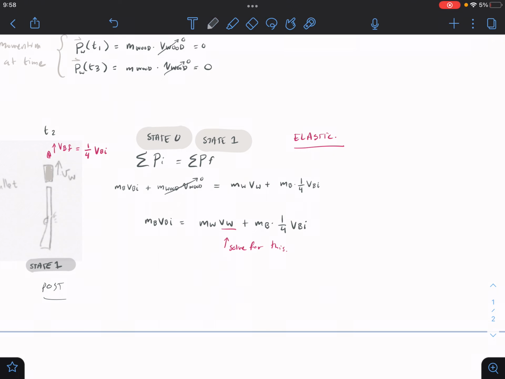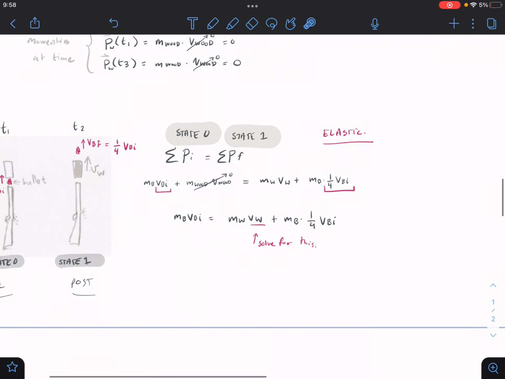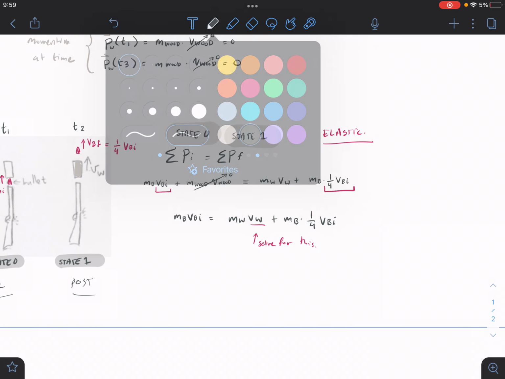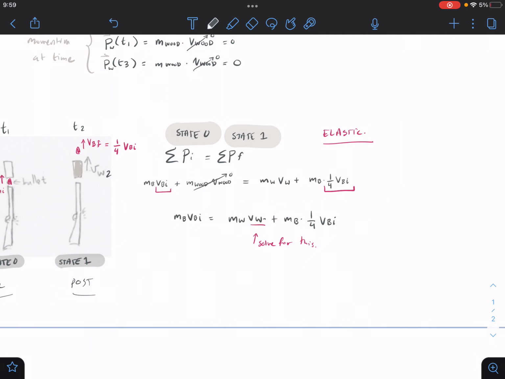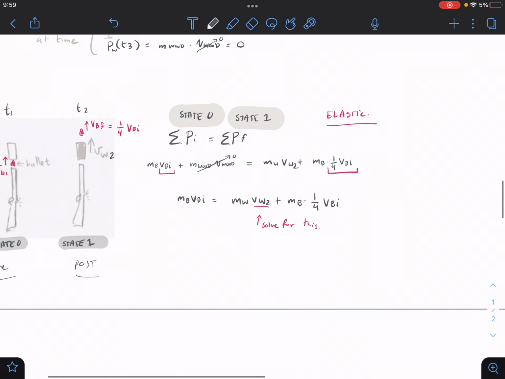And we know one thing, we know that this velocity here is going to be 1/4 of the initial velocity here, because that's what they told us in the problem statement. So that kind of helps us with our algebra. Okay, and then we have the mass of the wood times the velocity of the wood. So actually, I think they use the subscript 2, just because it's kind of like a different condition. And so then all you need to do here is just solve for this piece.